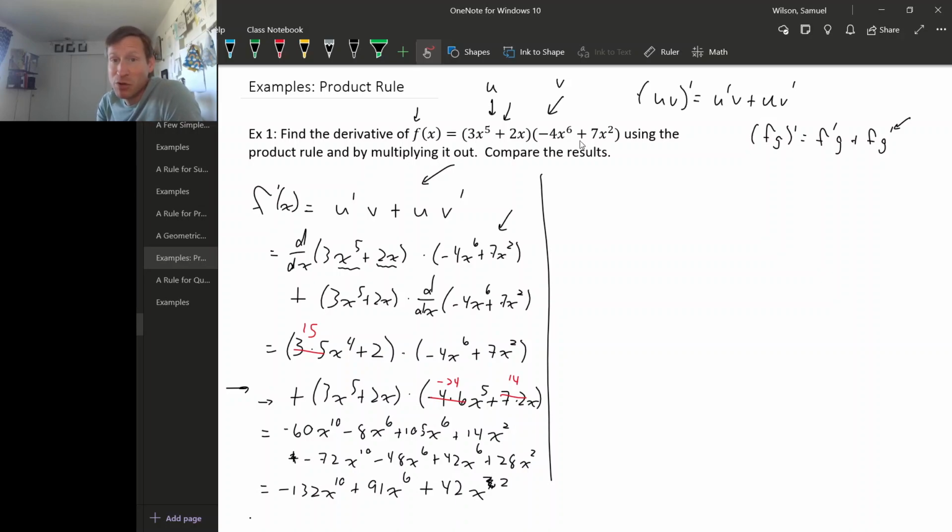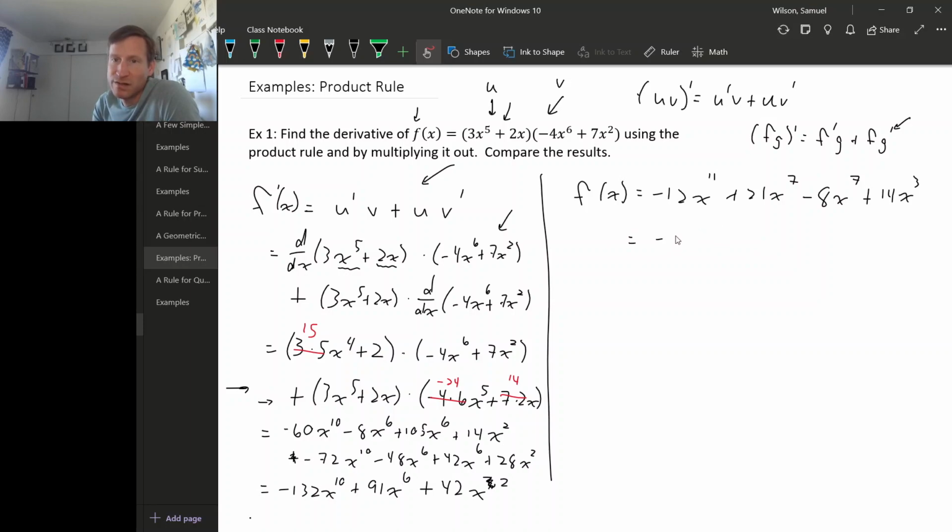Now let's try it by multiplying everything out. So if we multiply things out first, we get negative 12x to the 11th, and then here's 3 times 7, so 21x to the 7th, and here's minus 8x to the 7th, and plus 14x cubed.